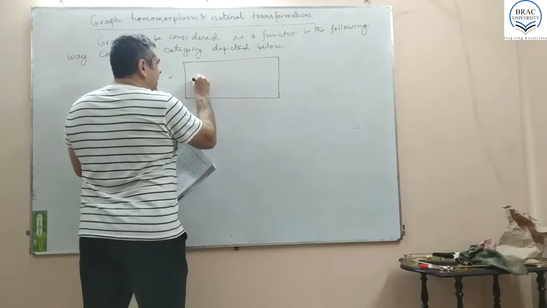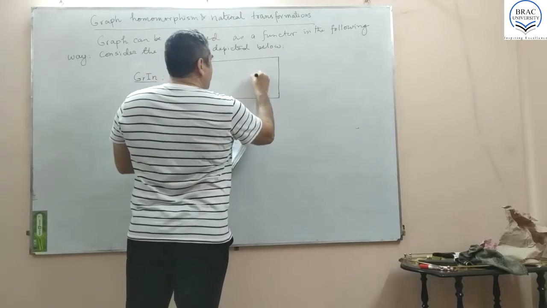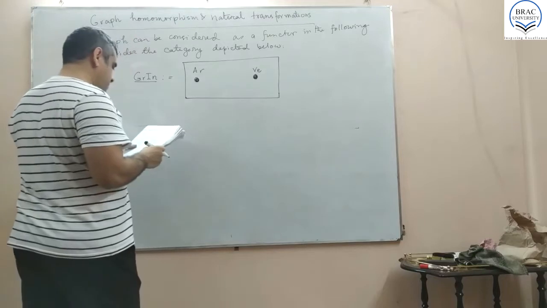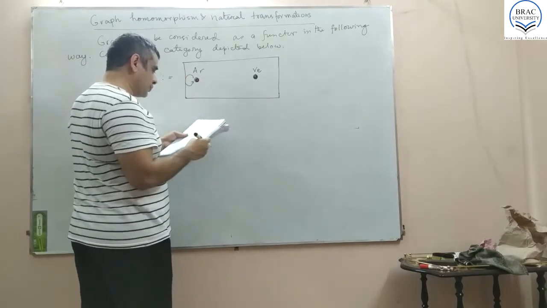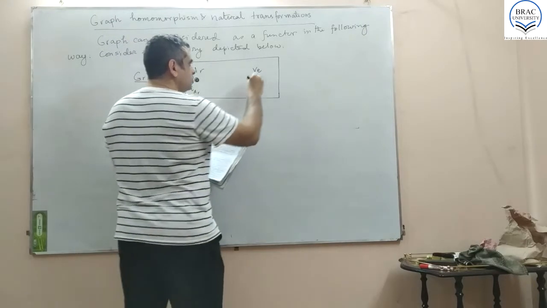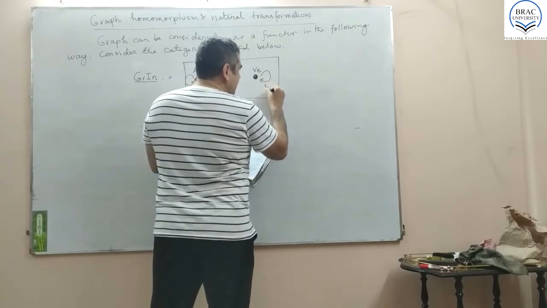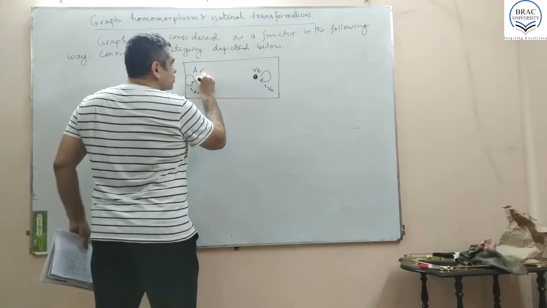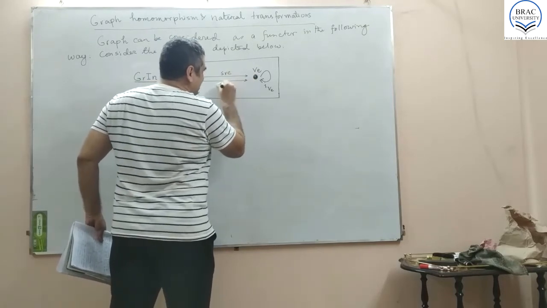So the vertices are labeled AR and VE. There are 2 loops or identity morphisms called I_AR and I_VE, and there are 2 parallel arrows called SRC and TGT.